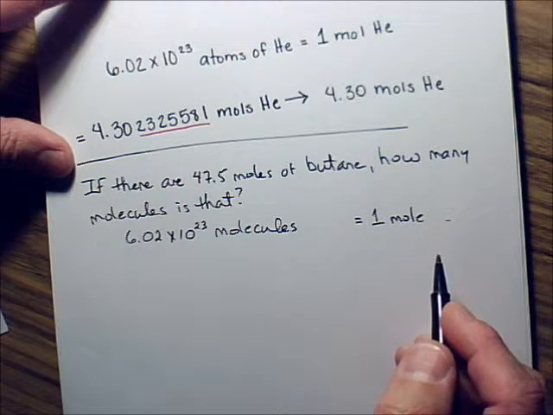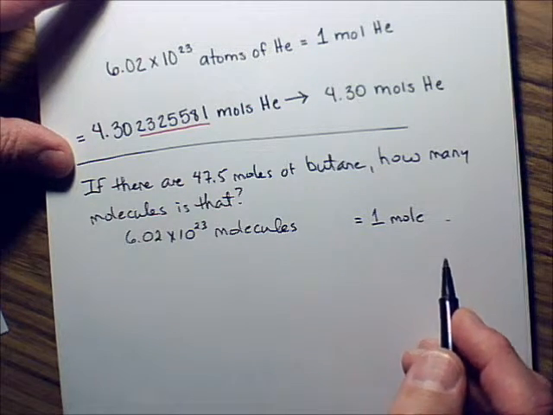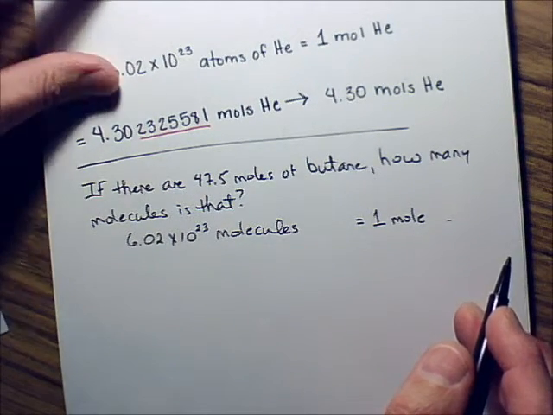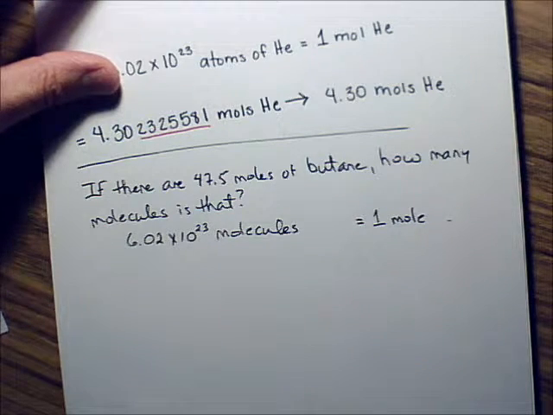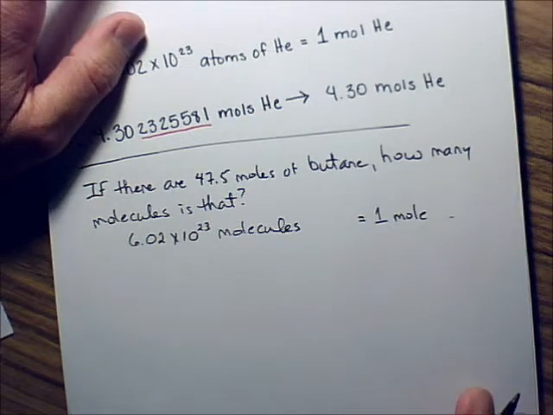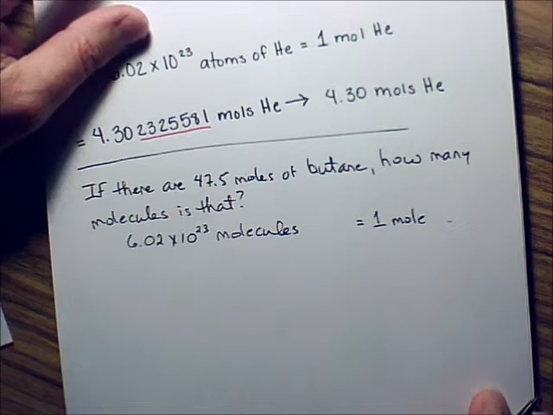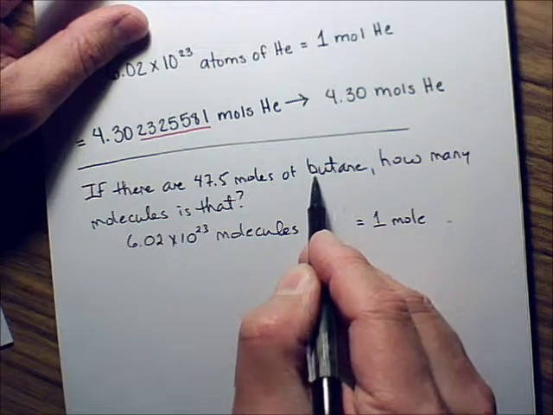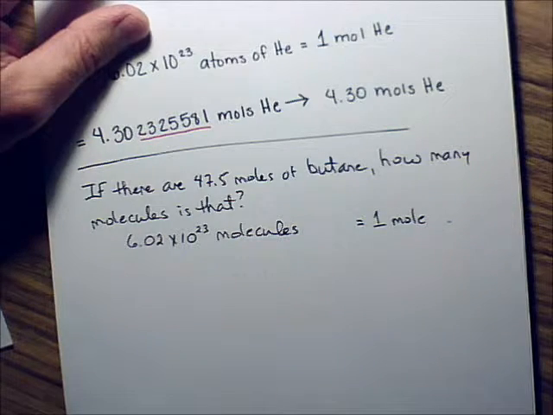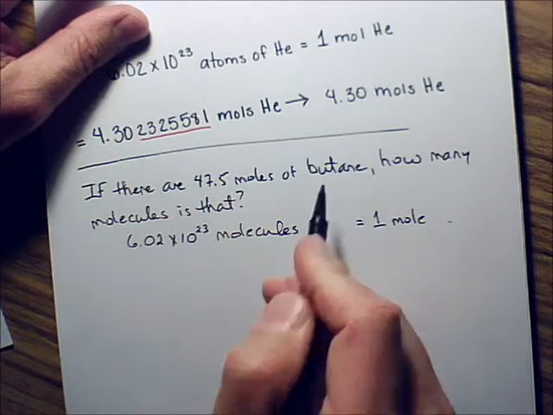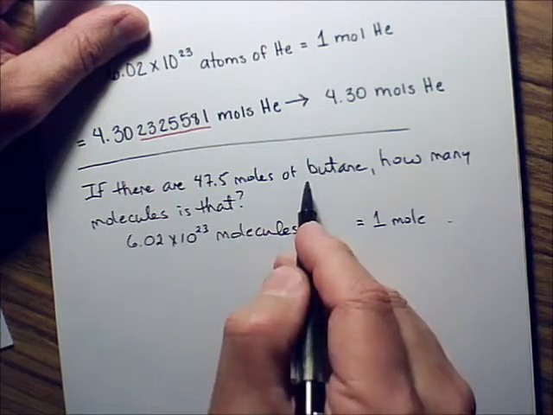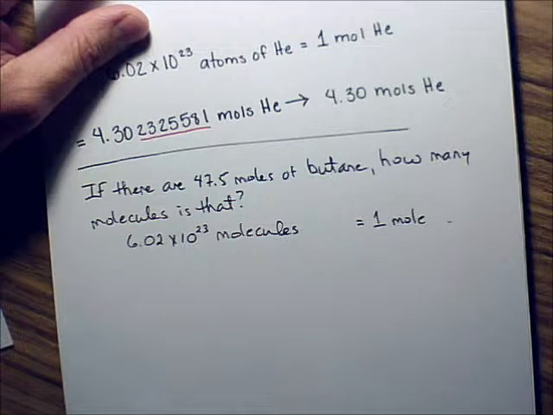Now, in a couple of units ago, we were writing some formulas for organic compounds. And you should know what that BUT prefix tells you about the formula for this compound.